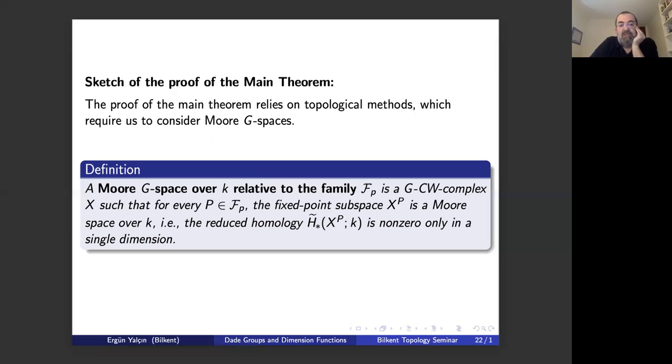And one counterexample in the general case was given by Gunnar Carlsson, actually. He proved that as long as the group has some CP cross CP in it, you can find a ZG module which is not realizable.